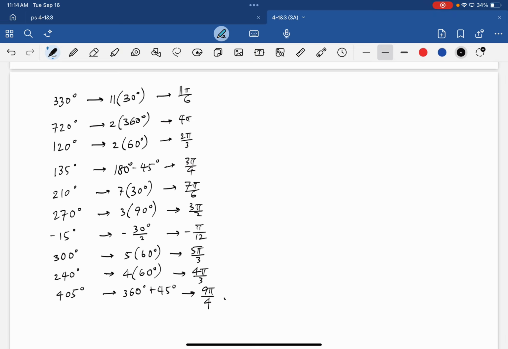Okay. Next set is going to be converting radians to degrees. Very similar process. Just memorize those common angles. Please do these. In your head, if possible.